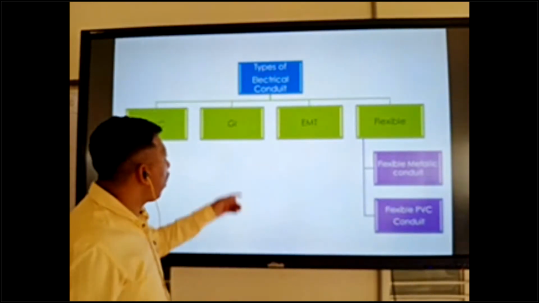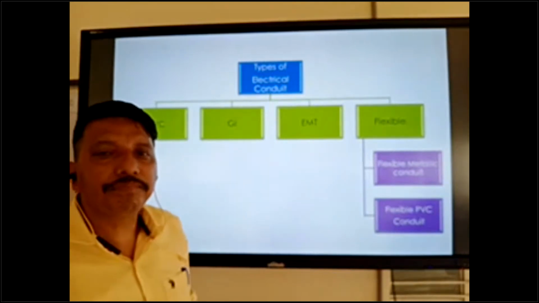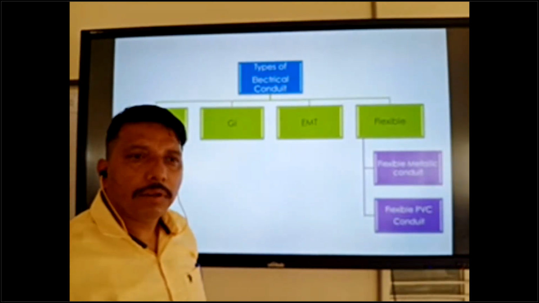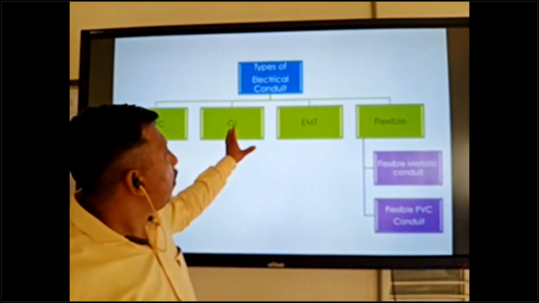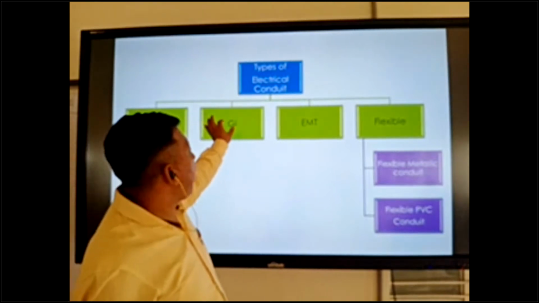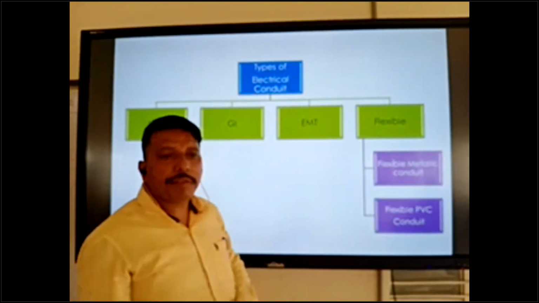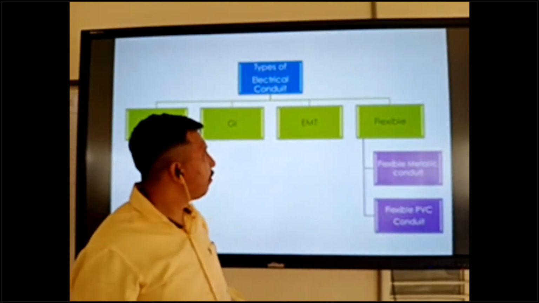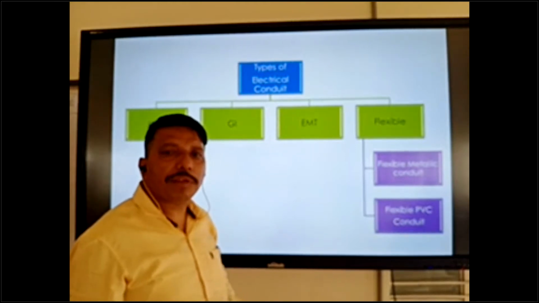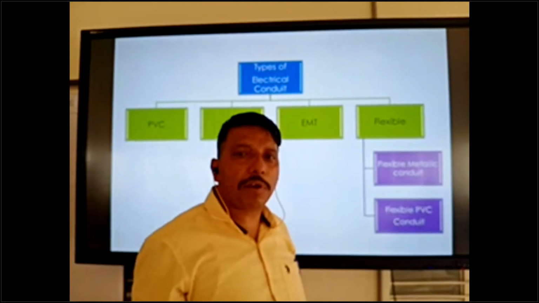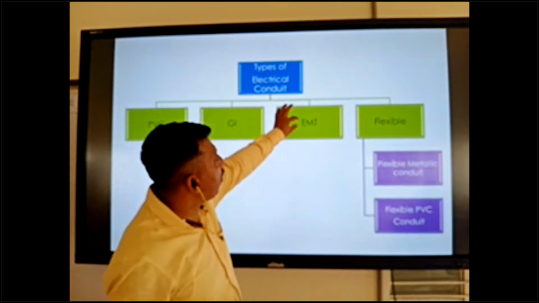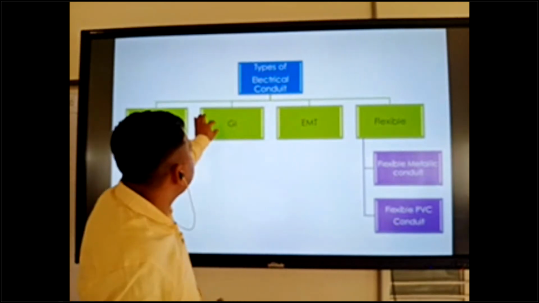And GI is for normal projects and other projects also. So GI means galvanized iron type and EMT means electrical metallic tubing. This is made of standard steel. Okay, so this is very expensive, and this is cheap.